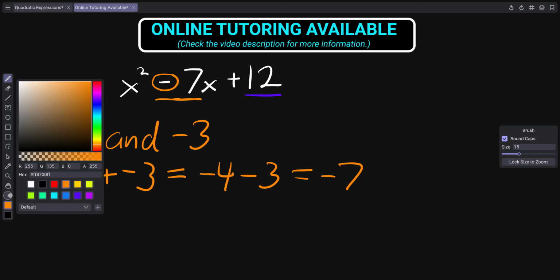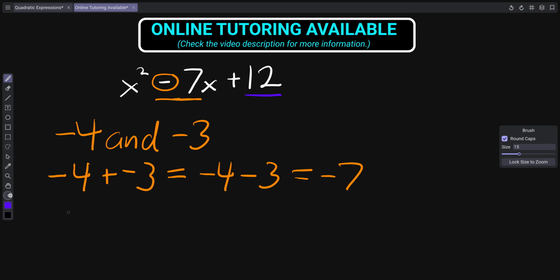But if you multiply negative 4 and negative 3, because you're multiplying two negative numbers, they become positive. And then you're left with a positive 12. So we can still multiply them to get positive 12, because when you multiply two negative numbers, you get a positive.